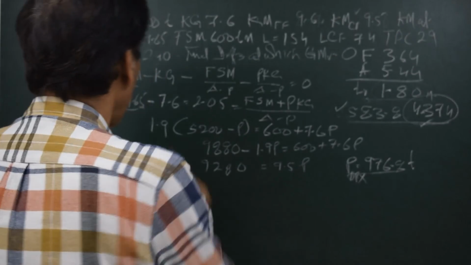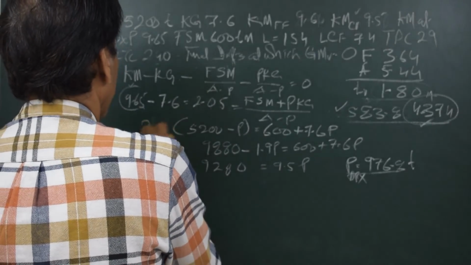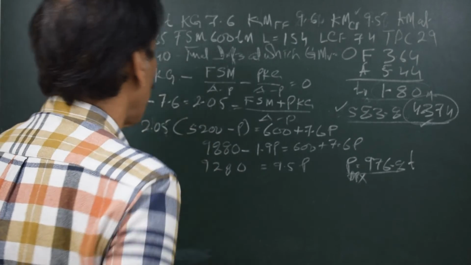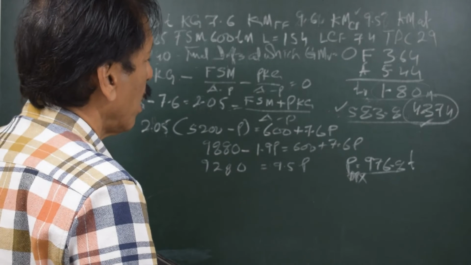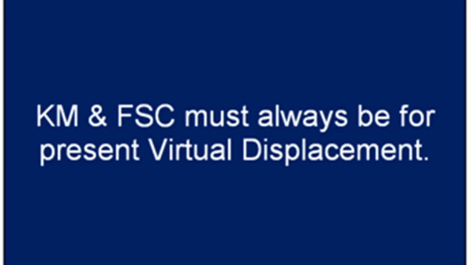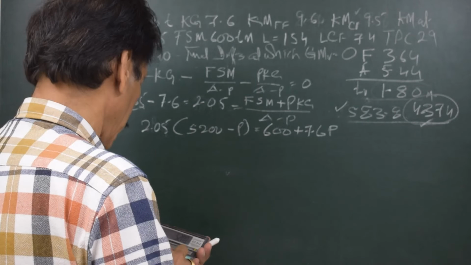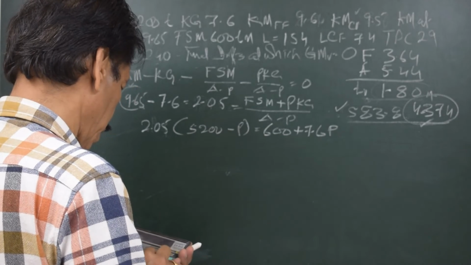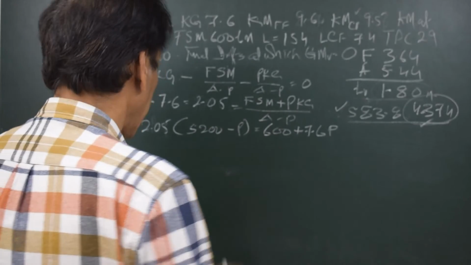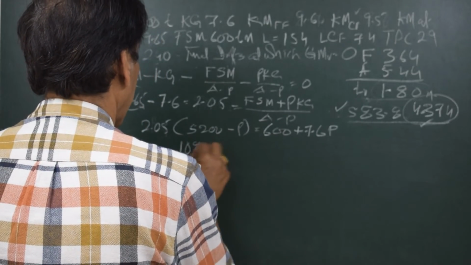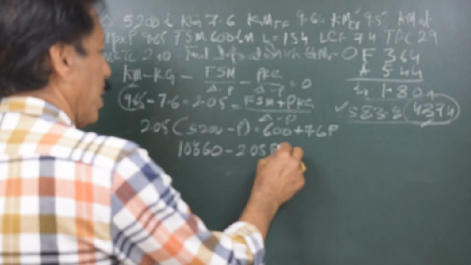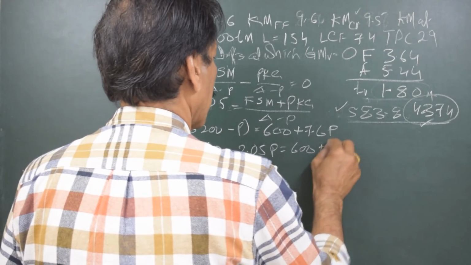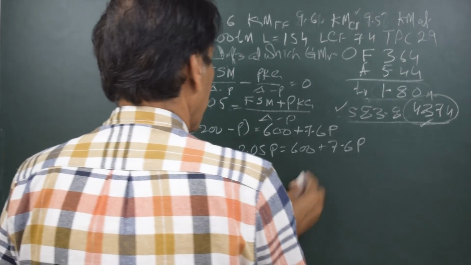And therefore the equation would become 2.05 into 5200 minus P equal to 600 plus 7.6 P. So 5200 into 2.05 gives me 10860 minus 2.05 P equal to 600 plus 7.6 P.